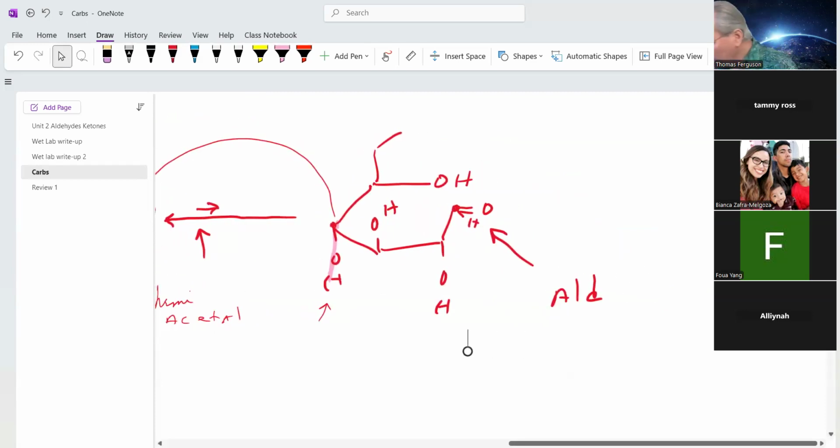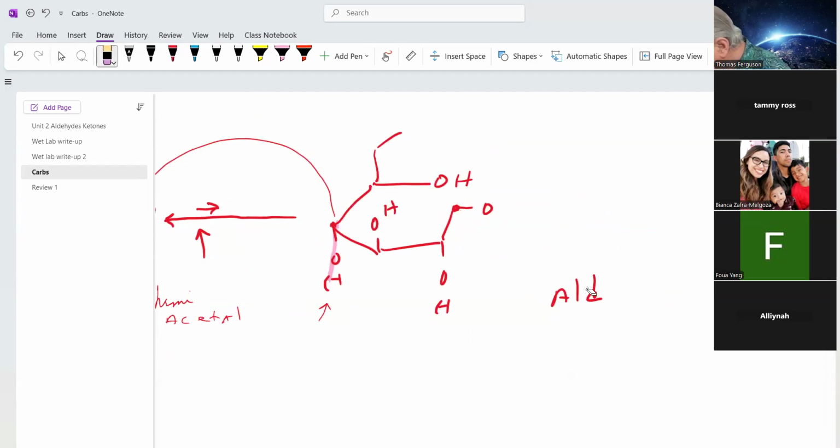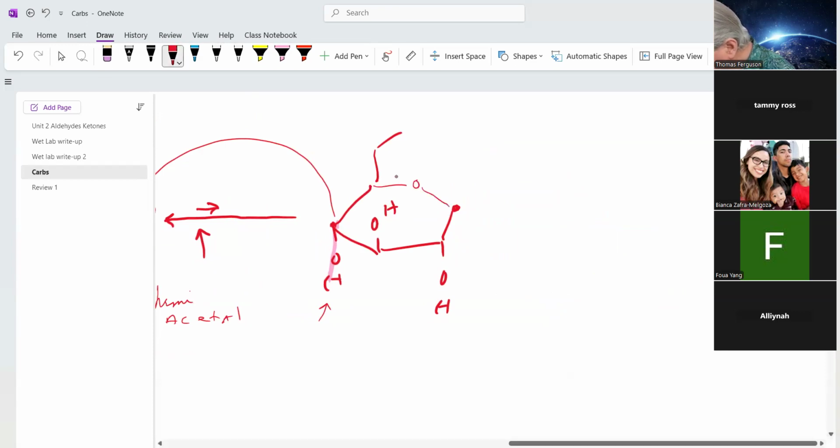is, let's draw this differently. So this is glucose, and this is alpha glucose actually.